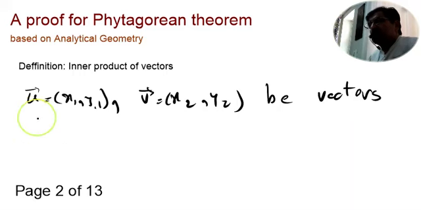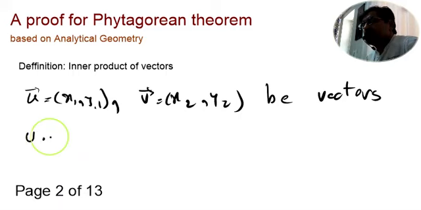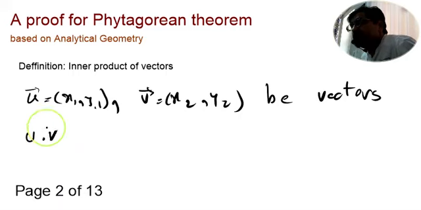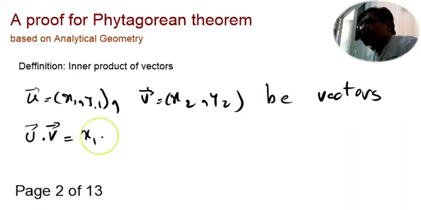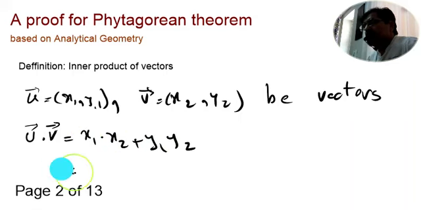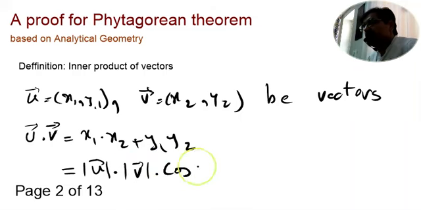The inner product of U and V shown by U dot V. We define U dot V as x1 x2 plus y1 y2, or the norm of U multiplied by the norm of V multiplied by cosine of theta.